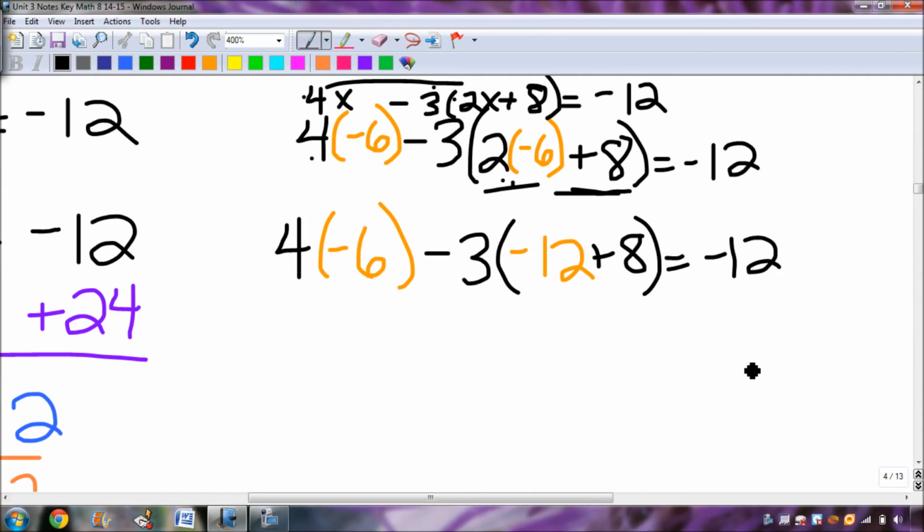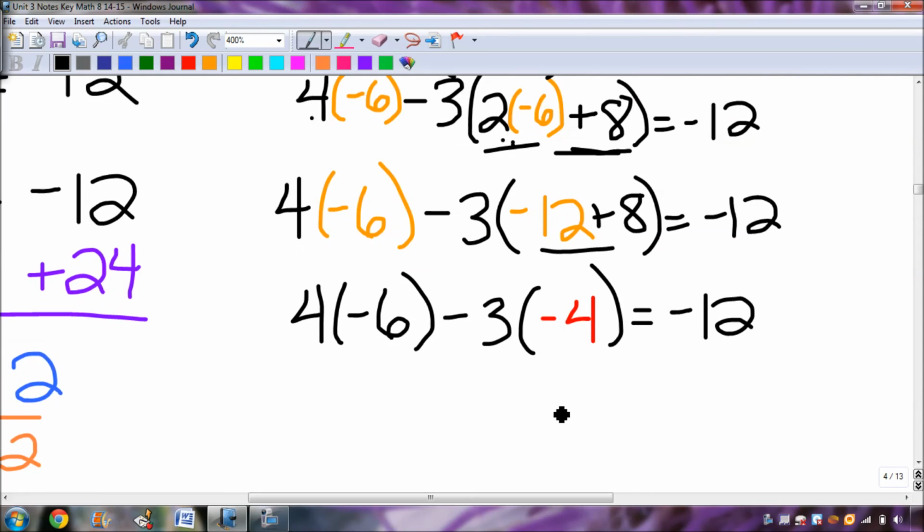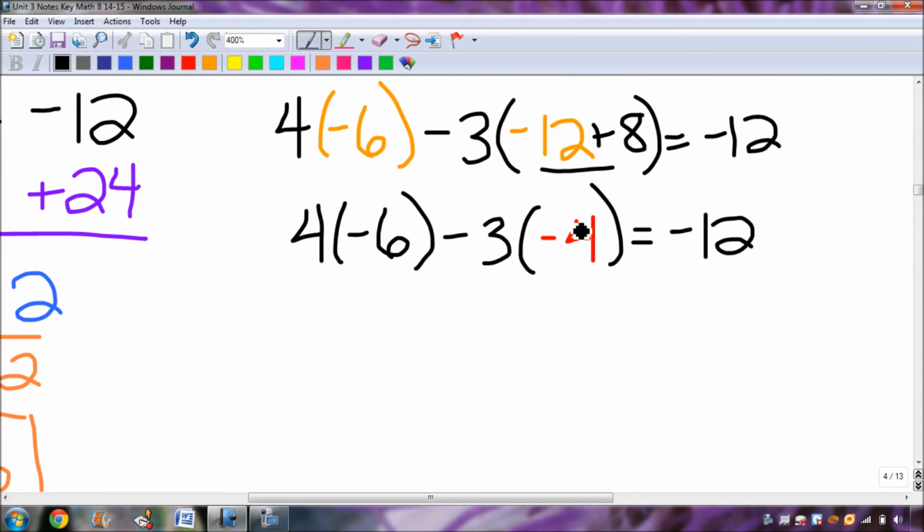Now I'm not done with my parentheses. I got to finish this up. So I'm going to figure out what negative 12 plus 8 is. So 4 times negative 6 minus 3 times, this turns into negative 4. Okay. Equals negative 12. Now I have, on the left side, multiplication, subtraction, multiplication. I'm done with the parentheses because it's a single number. So I can do my multiplication, and it's totally okay to do both multiplication problems in one step.